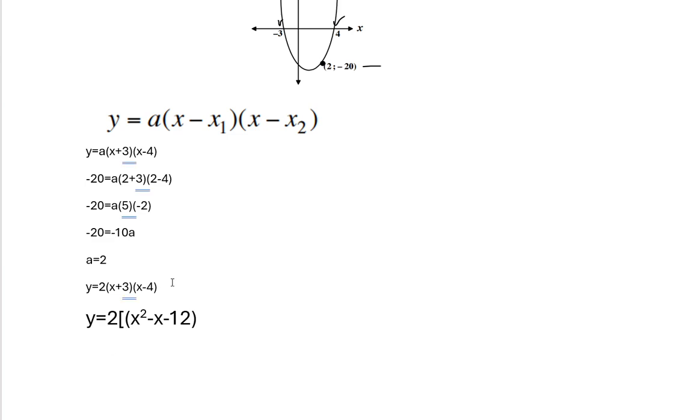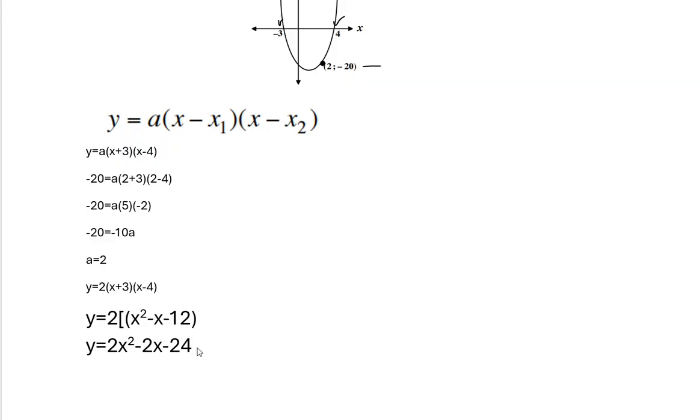Then your next step is to multiply the bracket with 2. Then y is equal to 2x squared minus 2x, minus 2 times negative 12, you get 24.